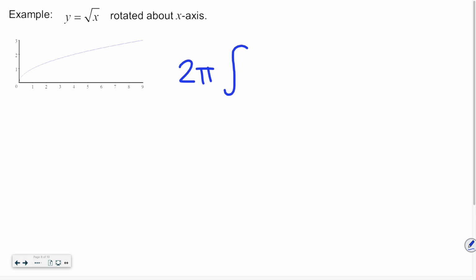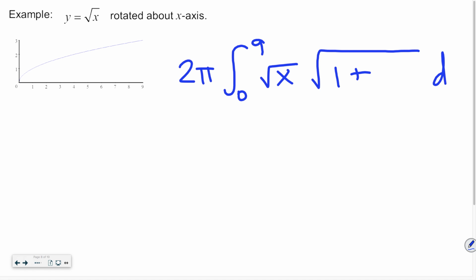My picture is going from 0 to 9. 2 pi r, r is your function, times arc length. For our arc length, we do need the derivative.